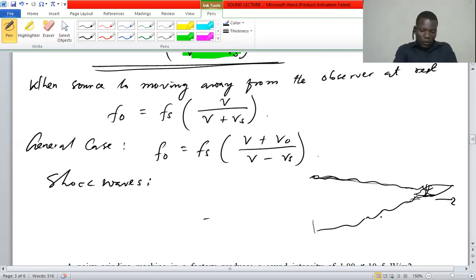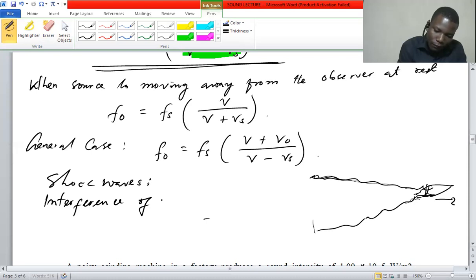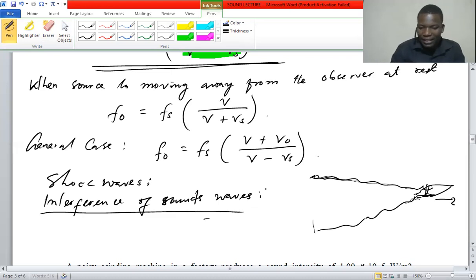And then also we have interference. Interference of sound waves. When we were starting waves, in fact, when we just started sound waves, we dealt also with the interference of waves.